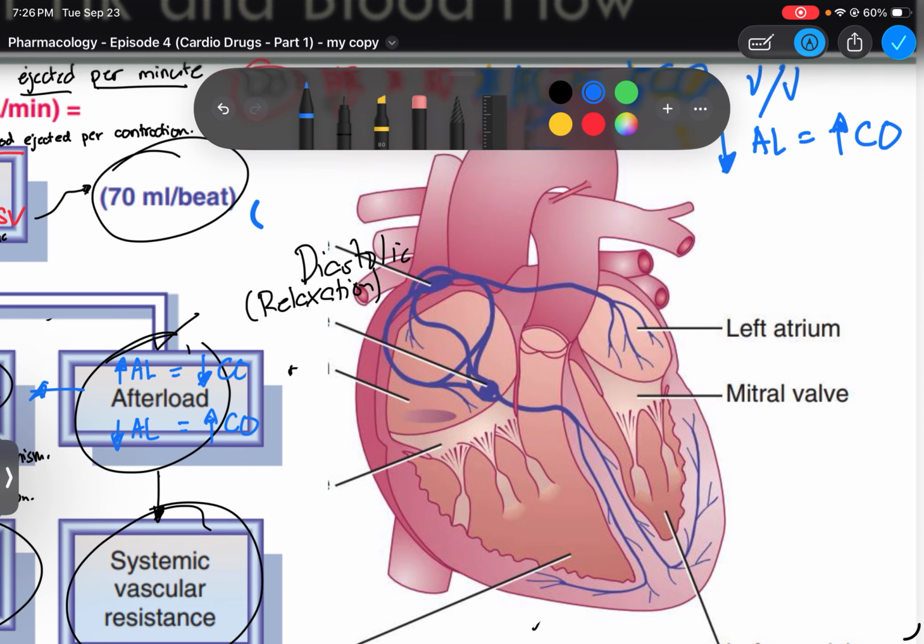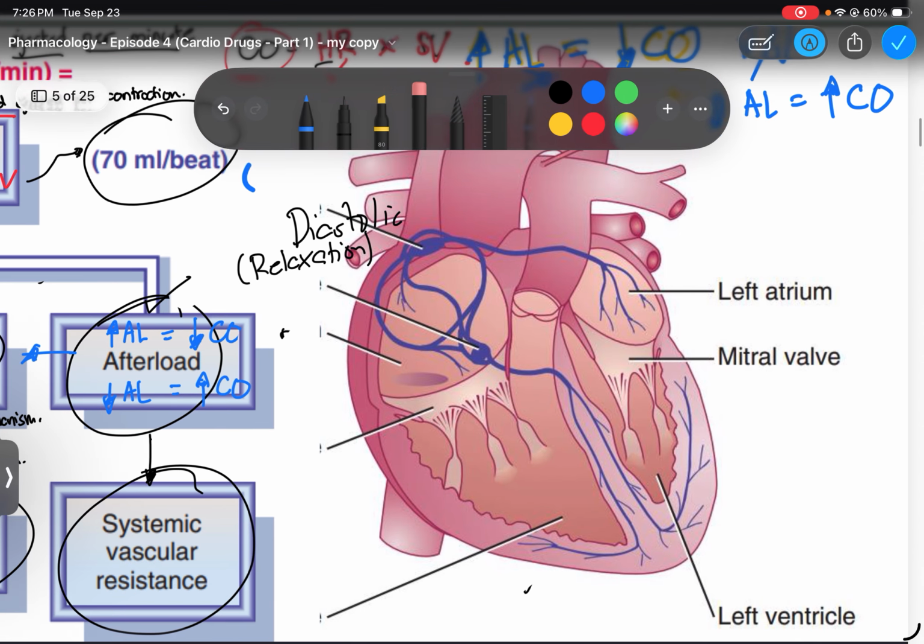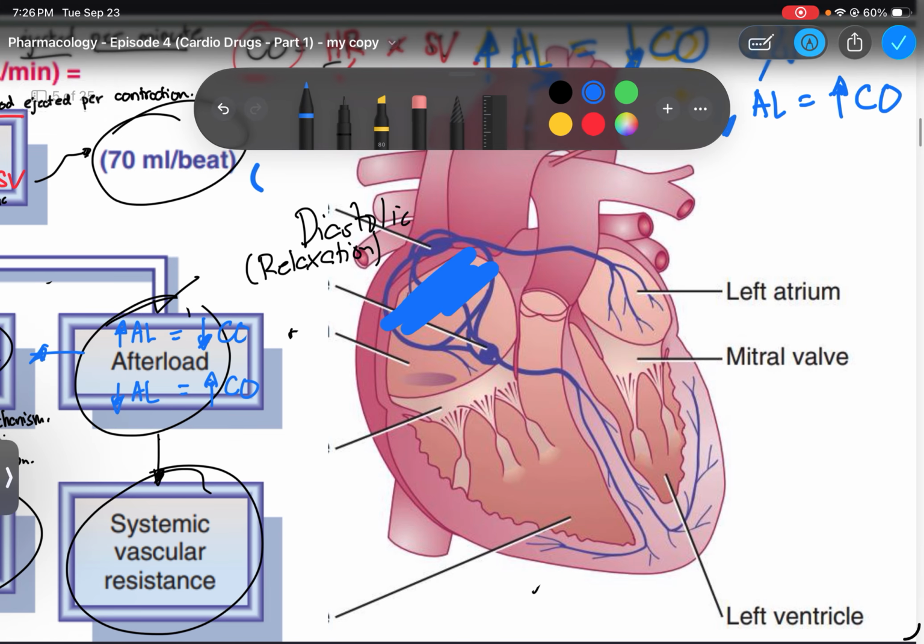Blood will enter your right atrium or left atrium, depending. Most of the time it enters both. Actually, it always enters both. But our example now is just the right atrium. We're just going to use the right for an example, okay? During the start of the diastolic cycle or diastole, it will enter the right atrium.